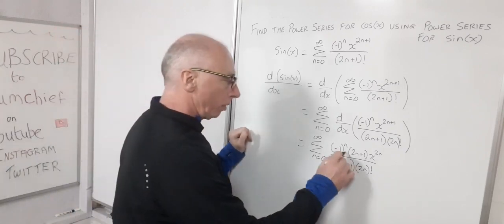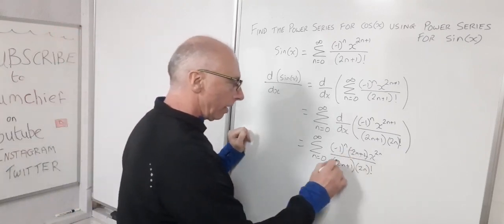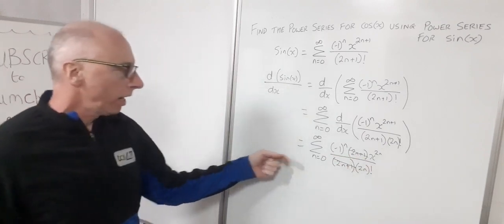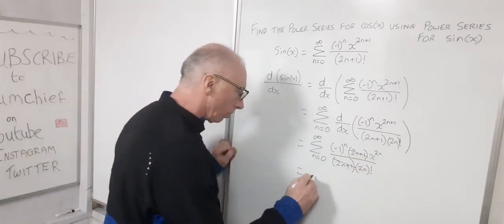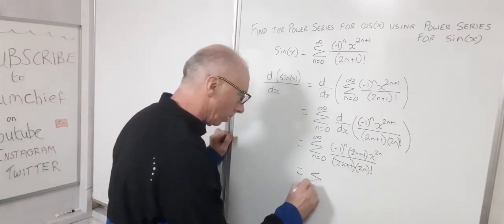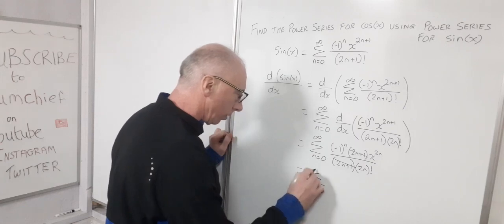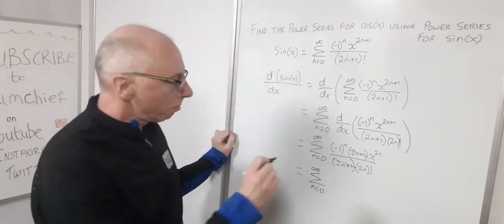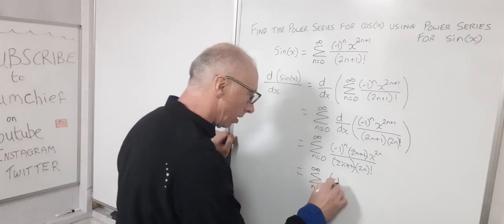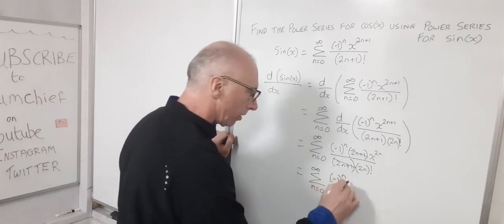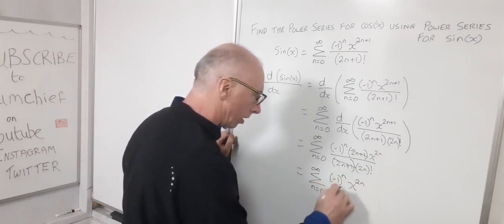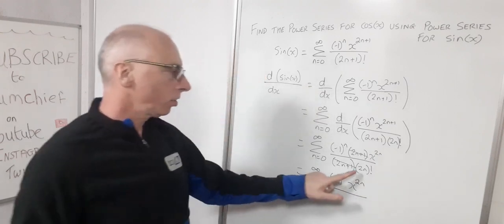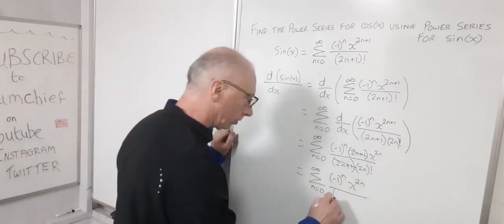So 2n plus 1 and 2n plus 1 cancel out. And now we're left with n equals 0 to infinity, minus 1 to the n, x to the 2n, over 2n factorial.